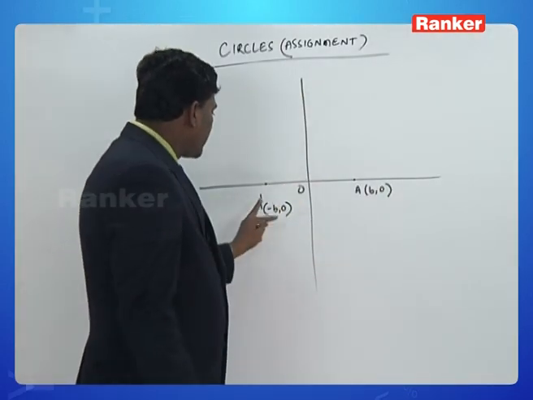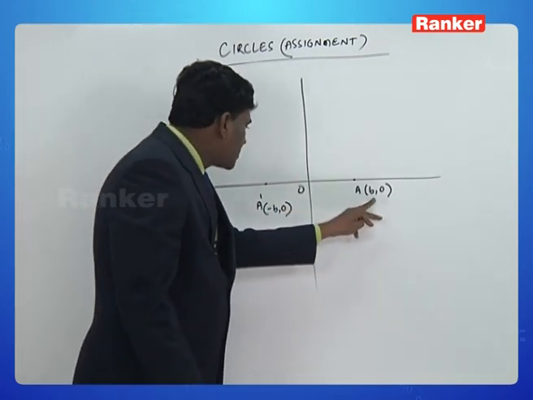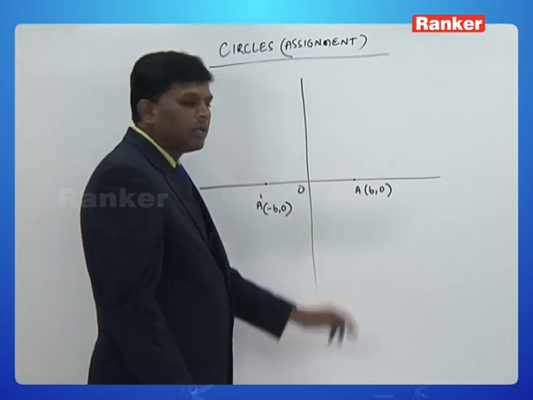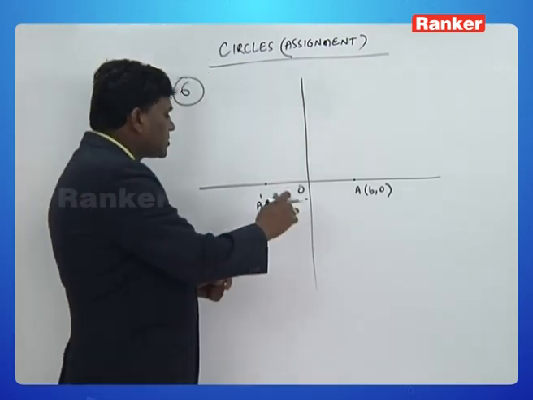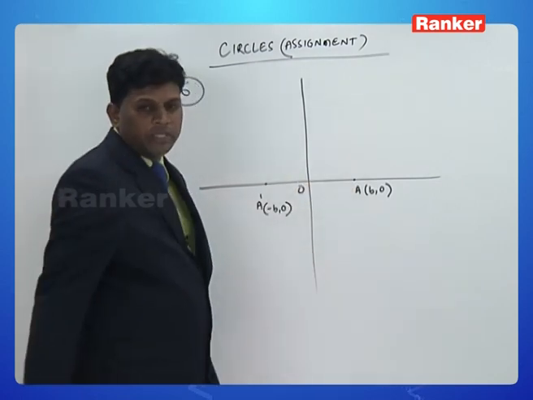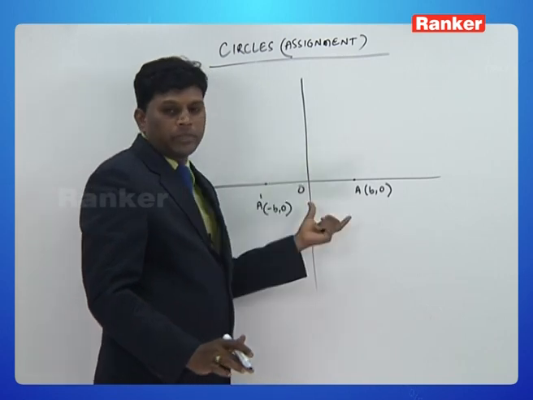So A and A dash are 2 points on the x-axis which are at a distance of b units from the origin. Now the required circle is to be passing through these 2 points and the radius is also given as some a units.